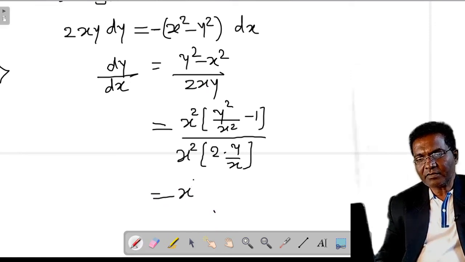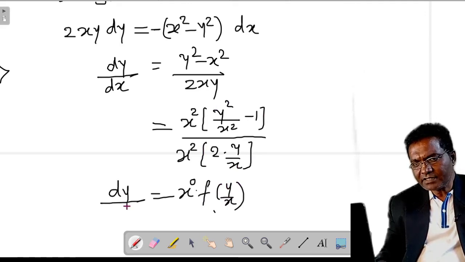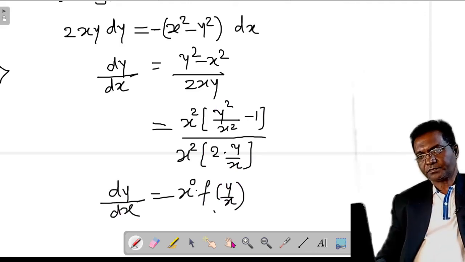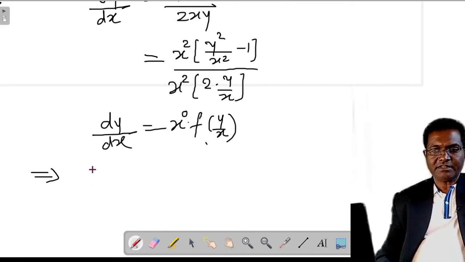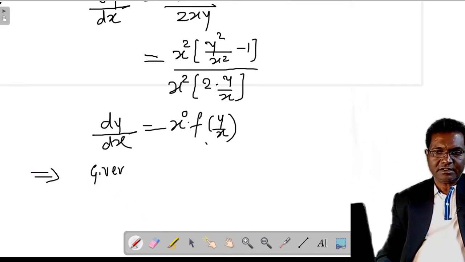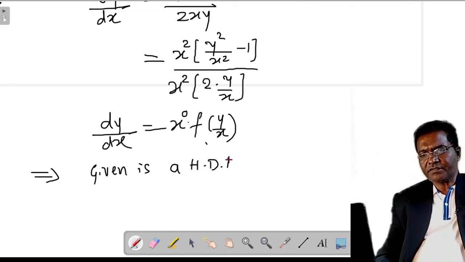You will get x power 0. And look at this. This is a function of y by x. So dy by dx is expressed in this form. So this implies given is a homogeneous differential equation.